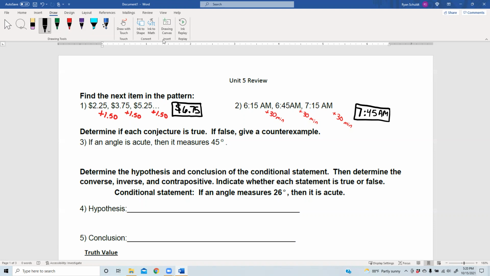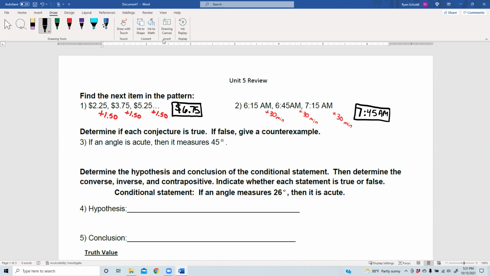Okay, for each conjecture, we have to determine if it's true. If it's false, then we have to give a counterexample. So number 3: if an angle is acute, then it measures 45 degrees.